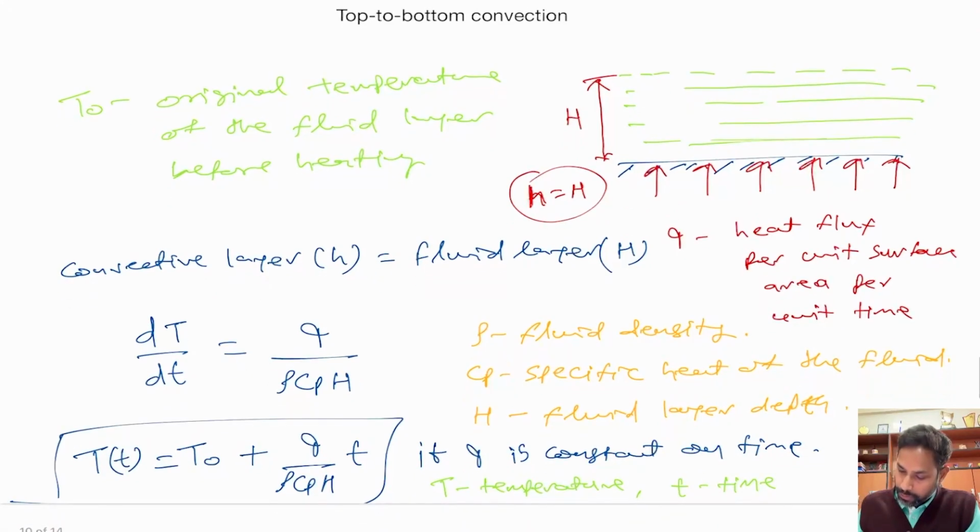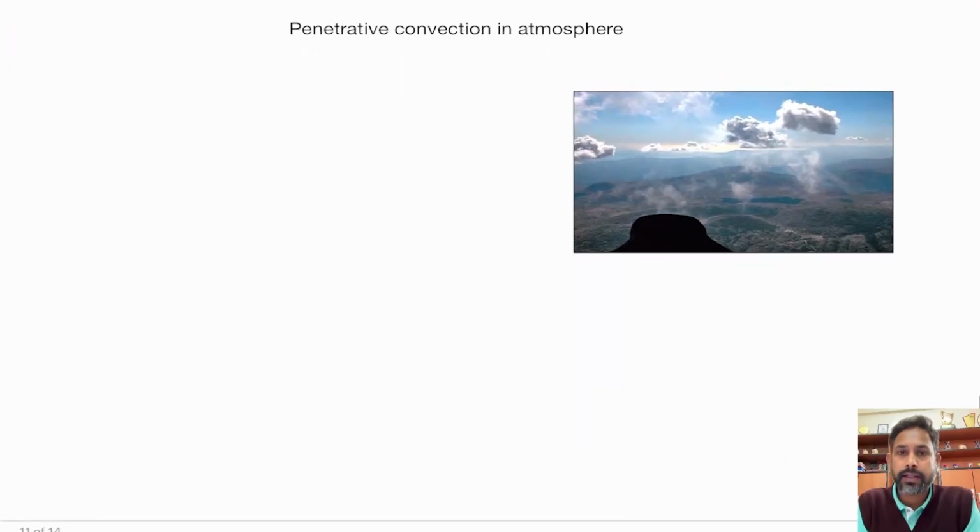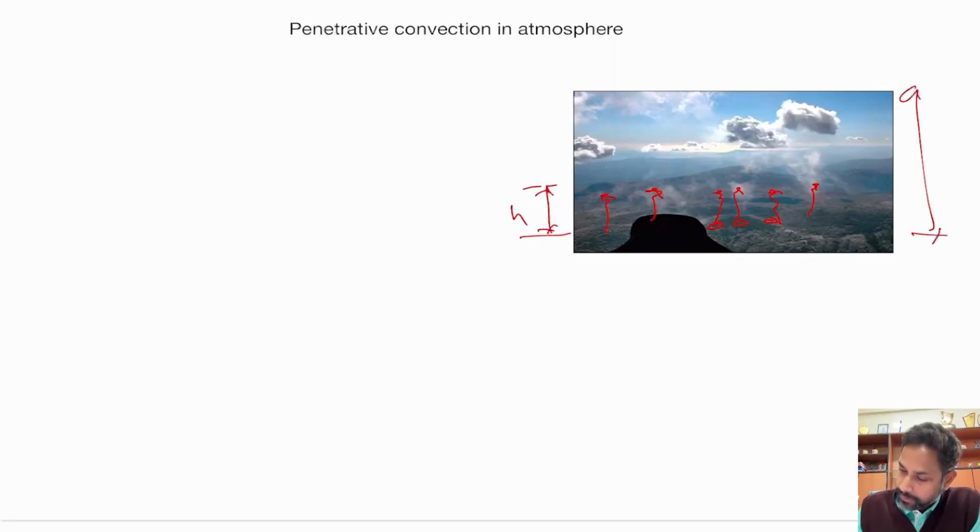But now let's go to penetrative convection and understand how it happens in the atmosphere, and what kind of analysis we have to do. So as we discussed, penetrative convection starts at the bottom like here, and it can only go up to a certain depth. Let's say that is small h, and the fluid layer depth is capital H. So small h is much smaller than capital H, right?